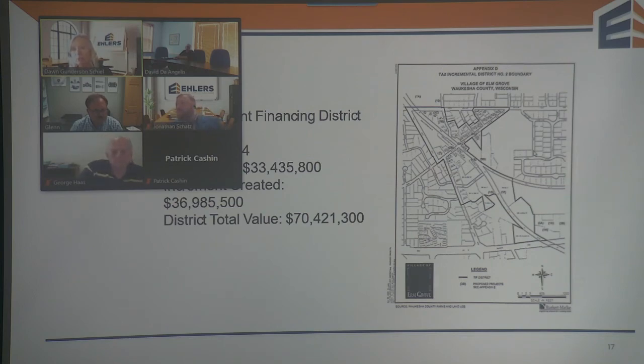Is that going to be a project that's run by the village, or is it going to be run by the developer? You may have someone monitoring it if it's run by the developer to make sure that it's being done to the appropriate standards. That can be done by staff. You've certainly got public works staff that perhaps can monitor that, or you can have outside services do that, and then the TIF can help support those costs as well.